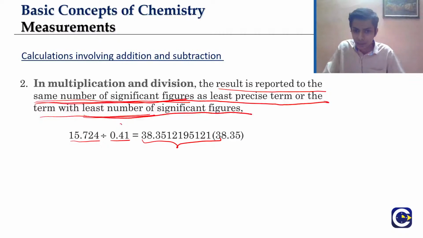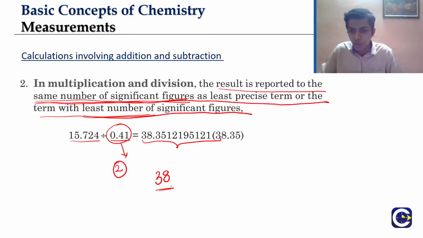Among these two, the least is obviously this, and the number of significant figures is 2. So when you are reporting, the answer should be 38, in two significant figures.